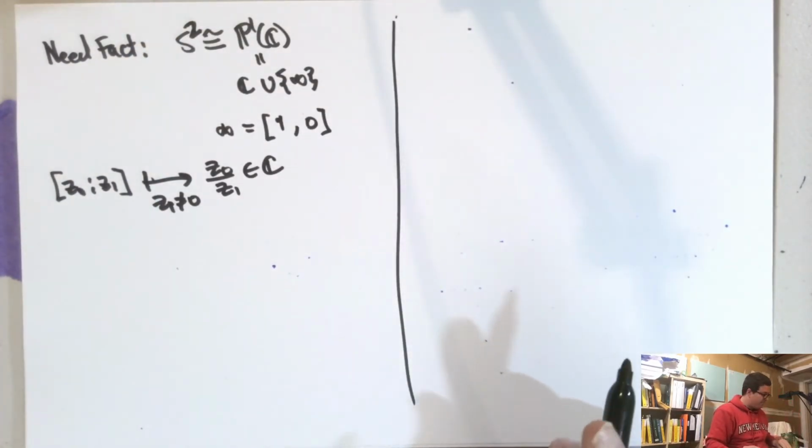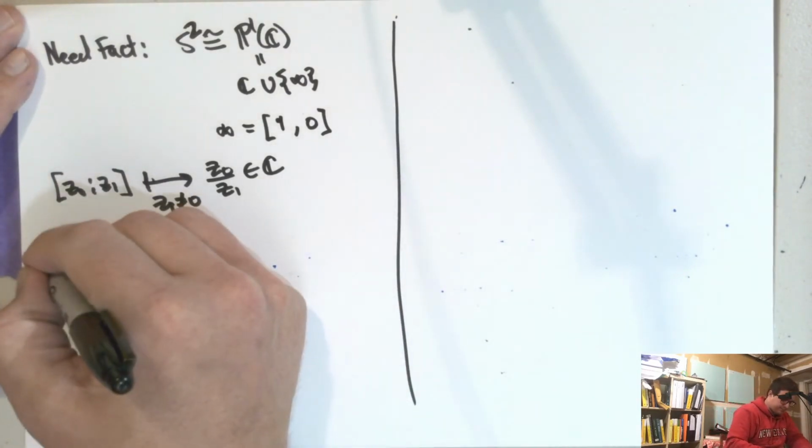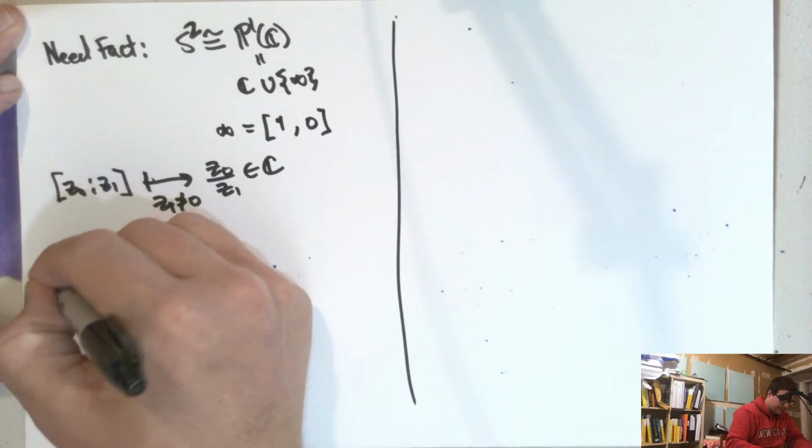Okay, so now I can explain another fibration, called the Hopf fibration. Let's do another example.